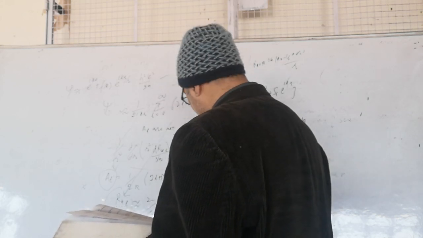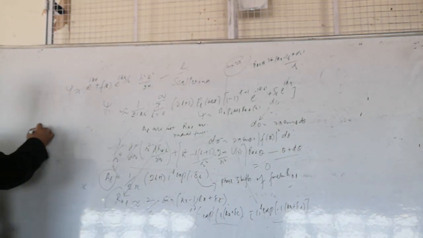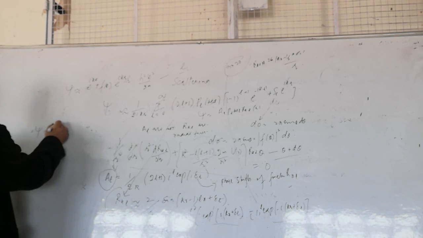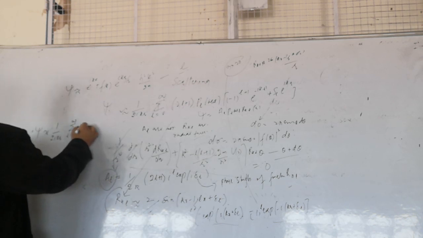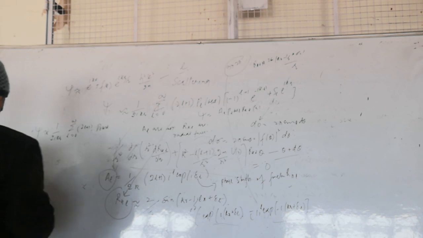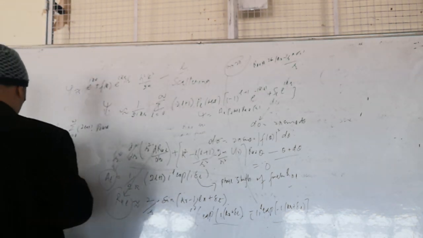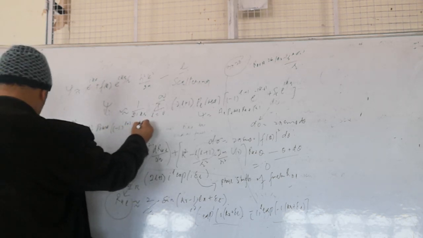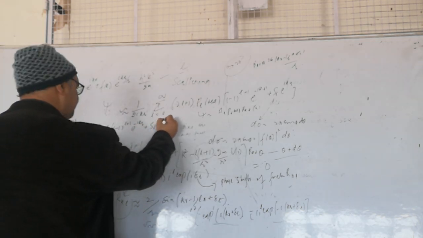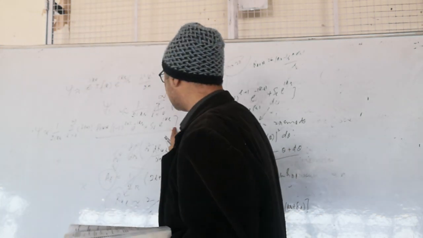So the equation will come: psi will be approximately equal to 1 by 2 i k r, sum over L from 0 to infinity of (2L + 1) P_L cos theta, times (L plus 1) S_L here. So this is the value of psi.